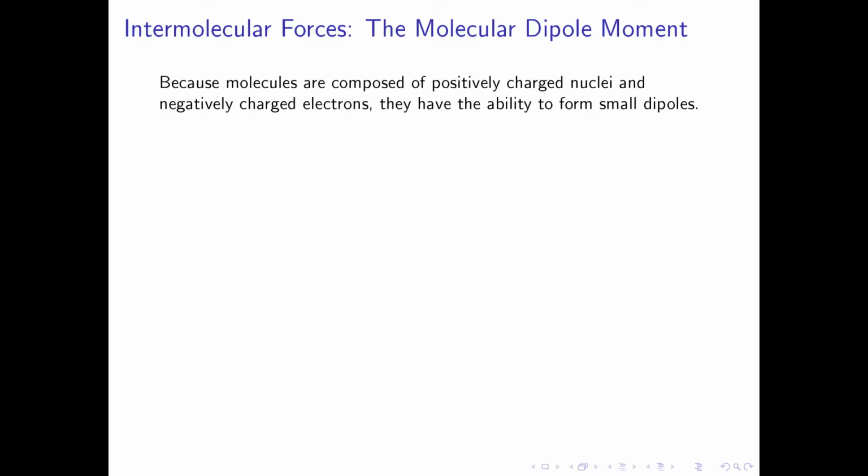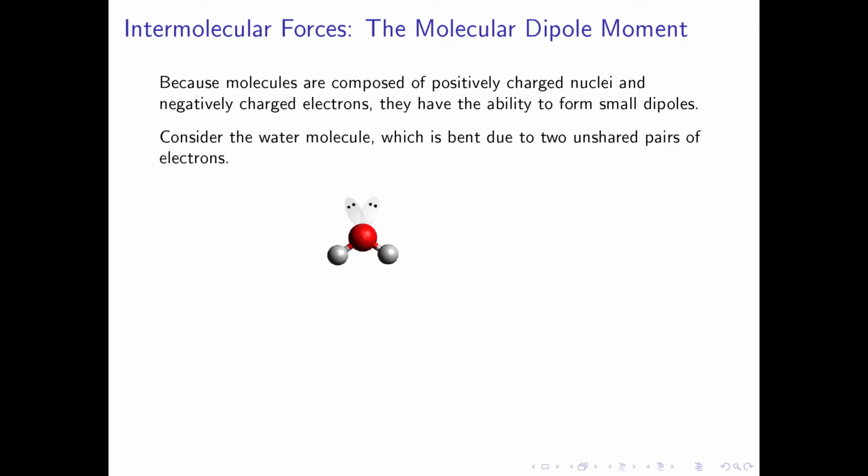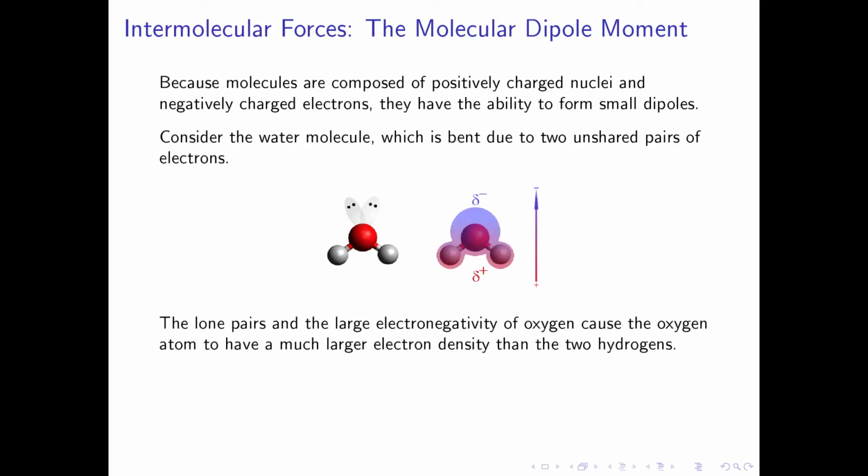Because molecules are composed of positively charged nuclei and negatively charged electrons, they have the ability to form small dipoles. First, let's consider the water molecule, which has a bent geometry due to the two unshared pairs of electrons. The lone pairs and the large electronegativity of oxygen cause the oxygen atom to have a much larger electron density than the two hydrogens.